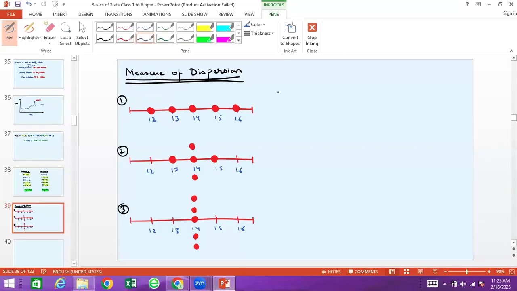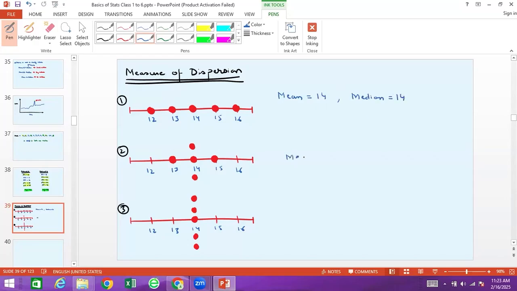In the first case, what is going to be the mean? What is the mean of this distribution? 14. And what is the median of this distribution? It's again 14 only. Very nice.